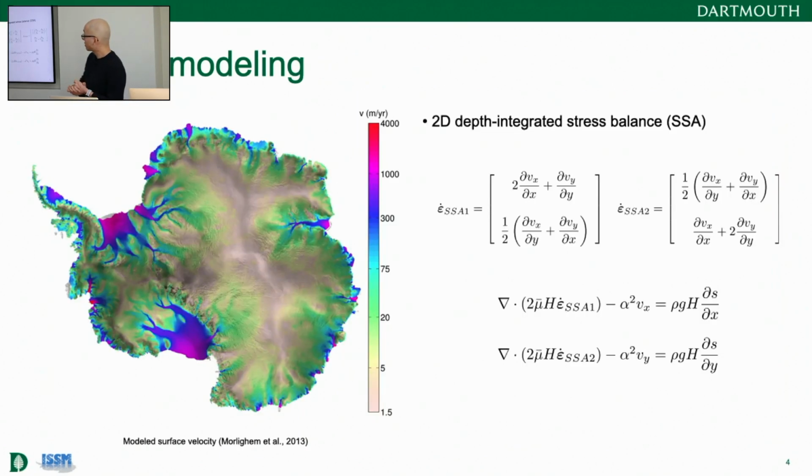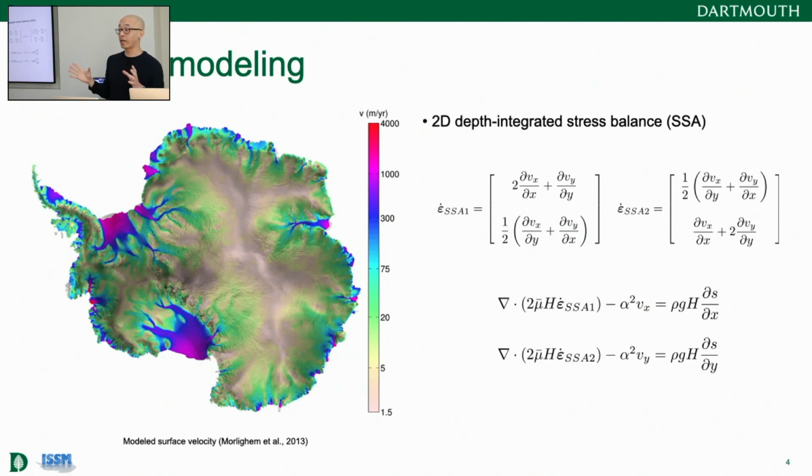Talking about ice modeling, this is a map of the simulated surface velocity of the whole Antarctica. What we're doing is simulating how fast the ice can flow on the land. As I showed you in the beginning, the ice is very thick in terms of human beings, but it's very thin in terms of aspect ratio.